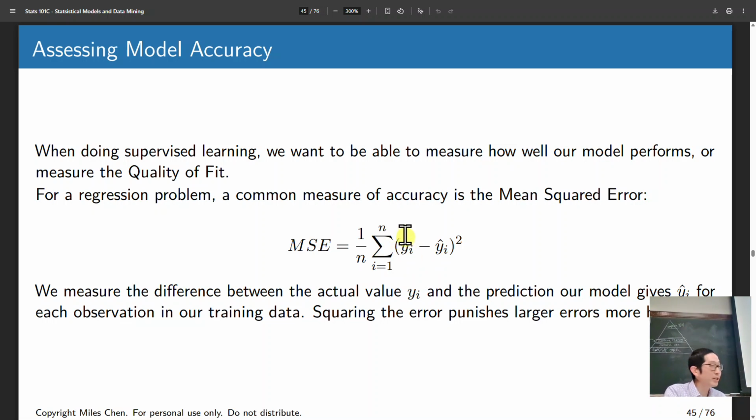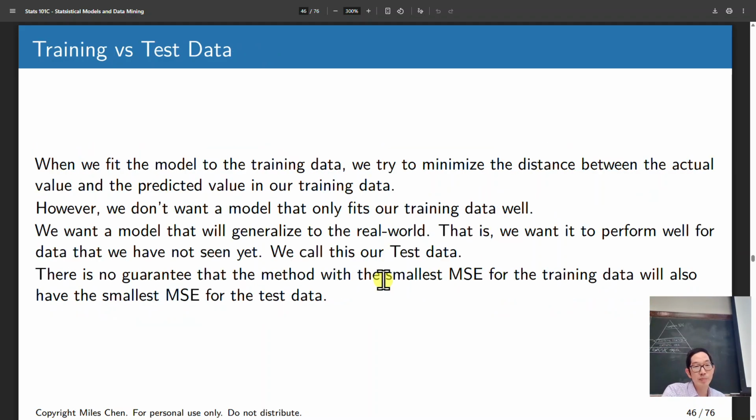This is going to be the difference between the actual value and our prediction, and you square them, and then you take the average, right? So mean squared error. You can take the square root of this, and that's going to be root mean squared error, RMSE. That's a common thing, but it's basically the difference between the actual value y and our prediction y hat. We calculate the difference for every single observation we have, and we just take the average of them, okay?